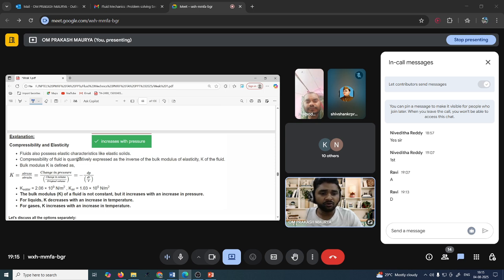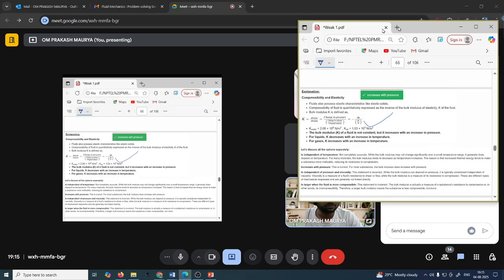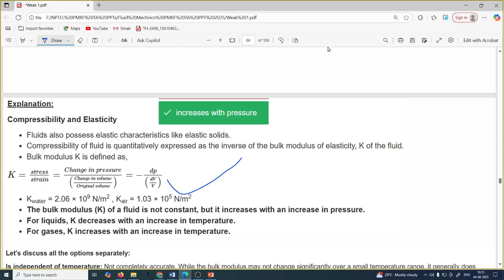As you know, here is the formula for the bulk modulus. The bulk modulus K is defined as stress by strain. The stress is the change in pressure, that is delta P, and strain is the change in volume divided by the original volume.